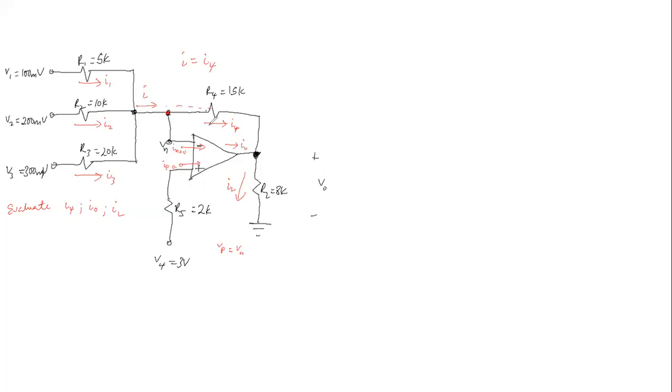Now, if that is clear, then we already know that I is the same current by KCL. The current flowing out of this node is the same as the current flowing into the node. So I sub 1 plus I sub 2 plus I sub 3. Now we know by the current constraint, I sub N equal to 0, I sub P equal to 0, so I is the same as I sub 4.